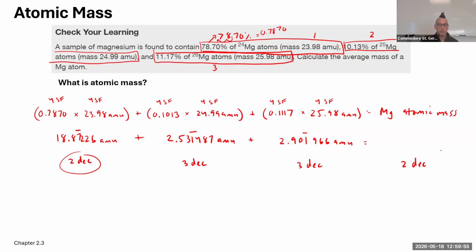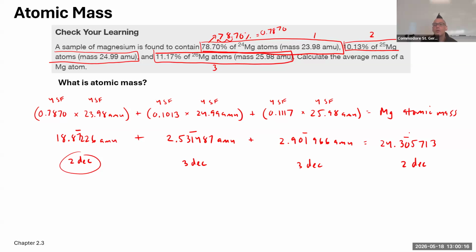18.87226 plus 2.531487 plus 2.901966. I got 24.305713, two decimal places.